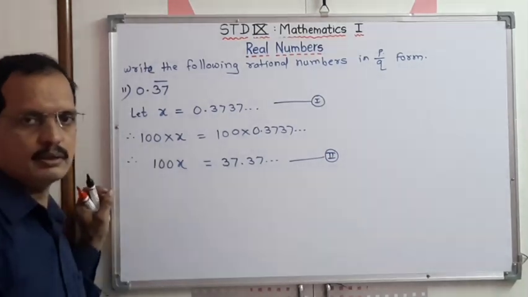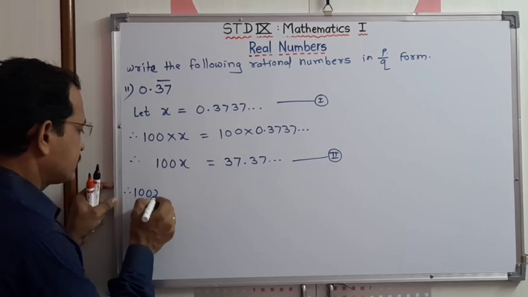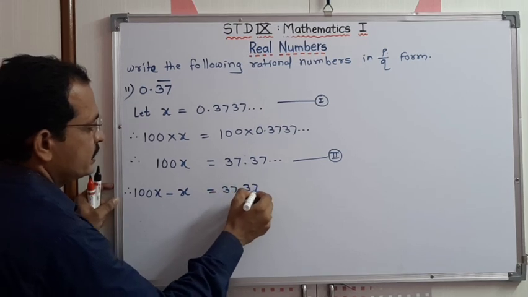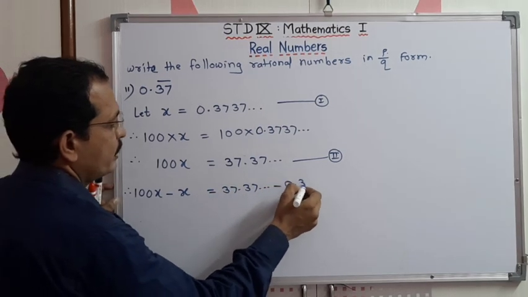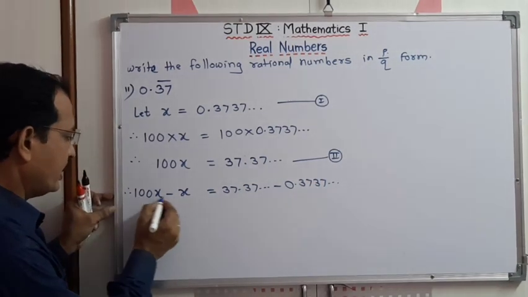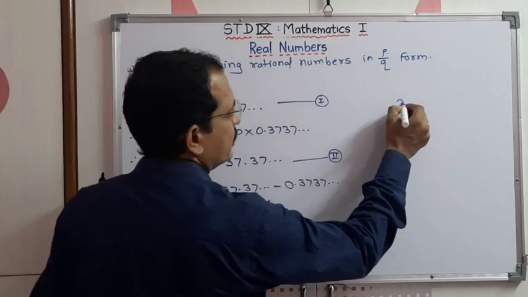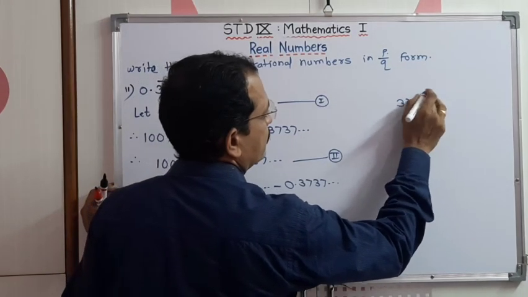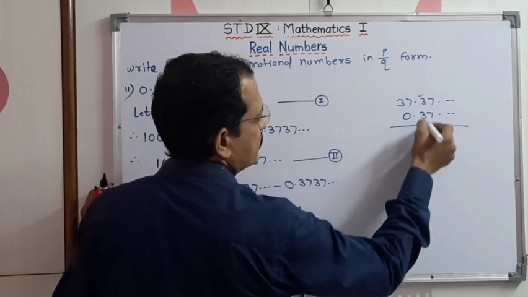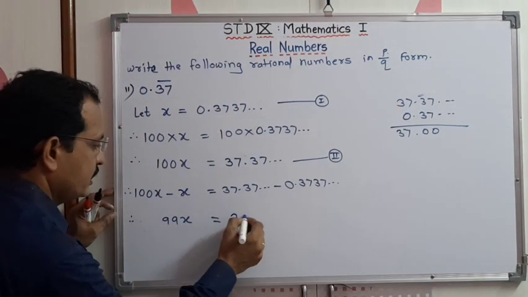Now we have to subtract the first statement from the second. Therefore we write here 100x minus x is equal to 37.37 minus 0.3737 and so on. Now see here, 100x minus x, it is 99x is equal to 37.37 subtract 0.37, here we get 0 0 and here it is 37.0, therefore it is 37.